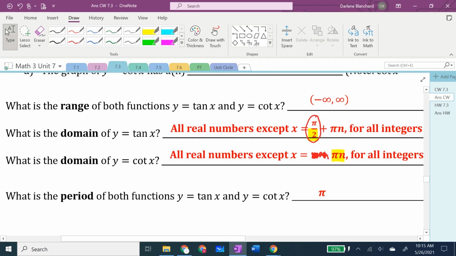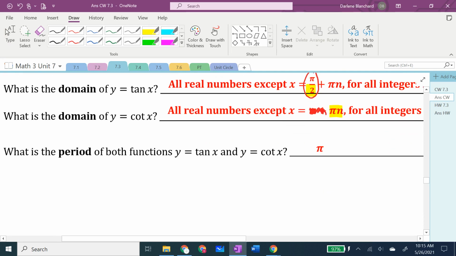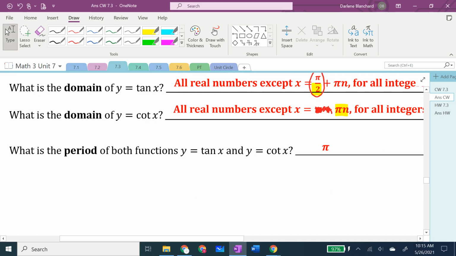And also, did you notice that a cycle is done in only a pi amount? So the period of tangent and cotangent is pi. For all of the other 4 trig functions, the periods are 2 pi.